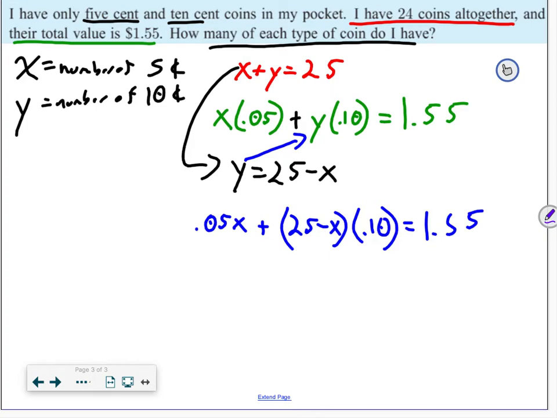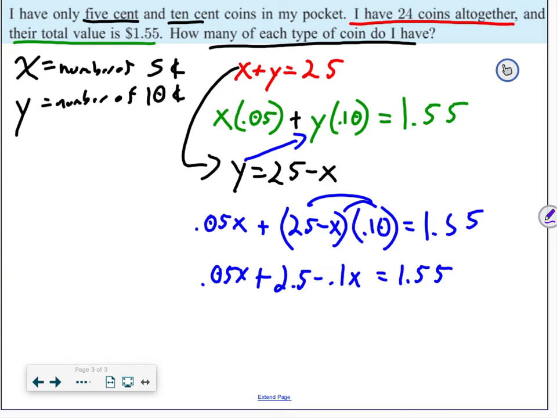So I'm going to distribute across. I'm going to get plus 24 times 0.1 is 2.4, minus 0.1x equals 1.55, and then this just drops down. Collect my like terms on the left side.